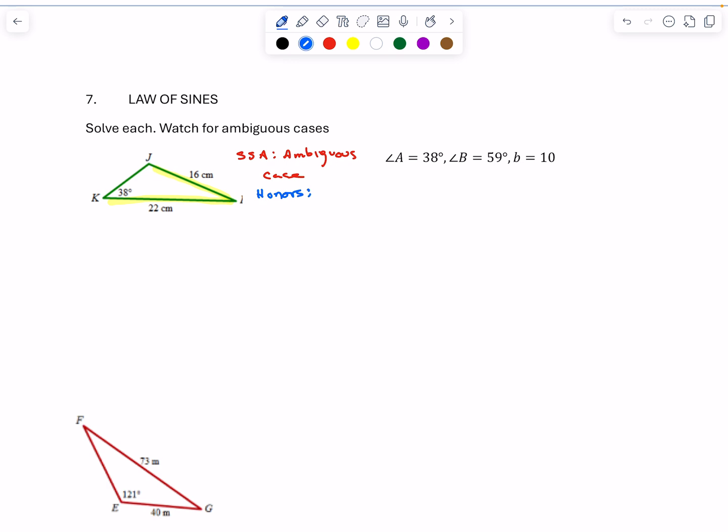You check: the side actually opposite, is 16 greater than 22 sine 38, and is 16 less than the actual 22? That's true, and this is also true. So there are two solutions.